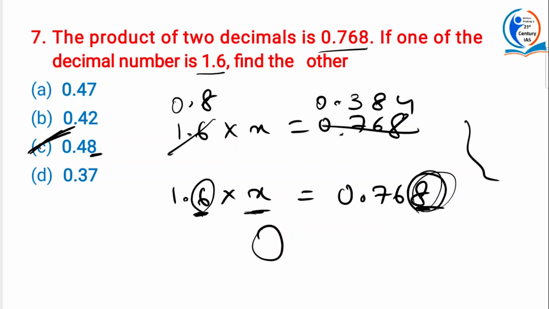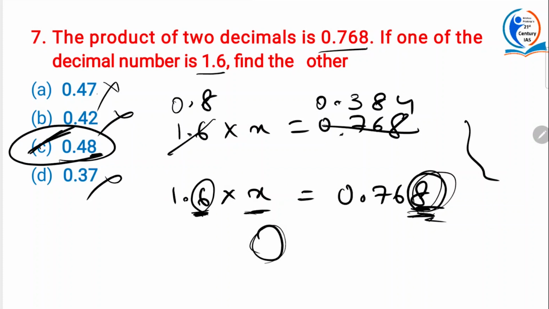Okay, those questions we solved abundantly, right? So, that concept you have to use here. All right. See, decimal places are given just to confuse you, but the concept remains the same. All right. So, 6 into which number will give you 8 in this place? 7 no, 2 no, okay, again 7 no, it should be 0.48. All right. So, that is the answer.